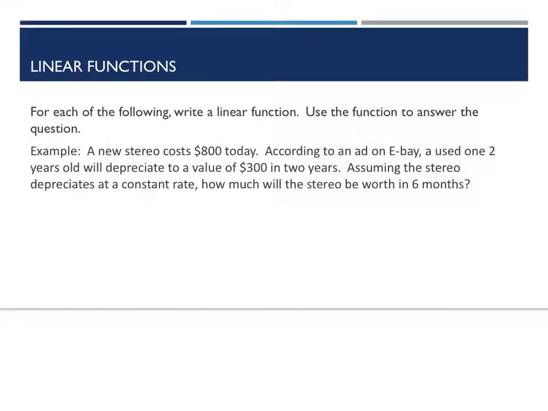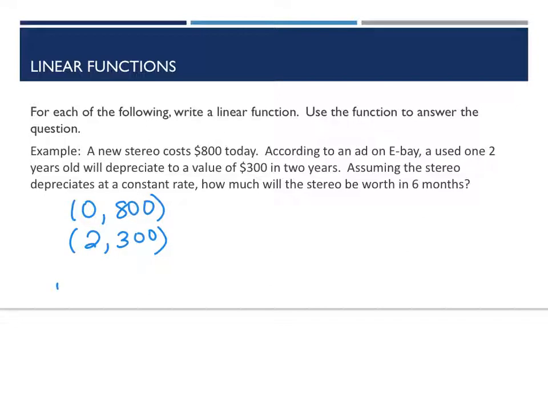This one will, and it works just like the previous one, except it doesn't get ridiculous. So, again, I would advise you pause this and then look back at the work after you're finished. A new stereo costs $800. A 2-year-old stereo is worth $300.